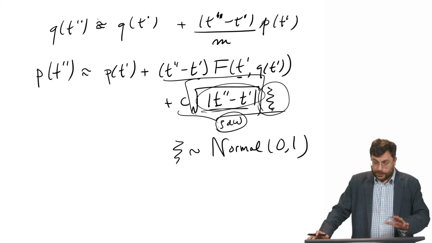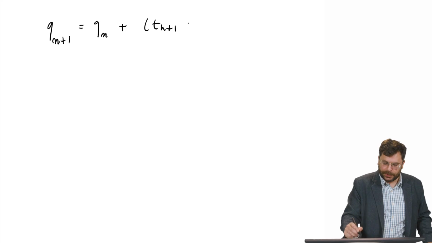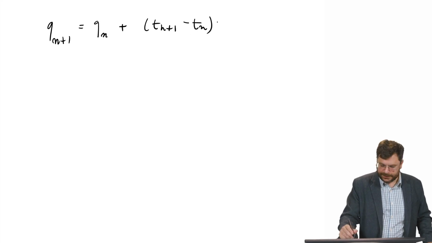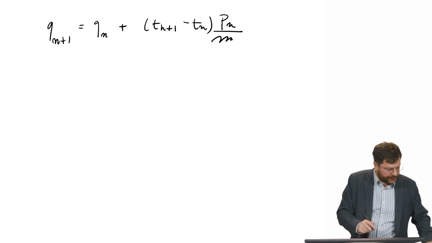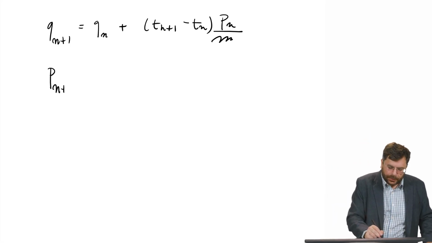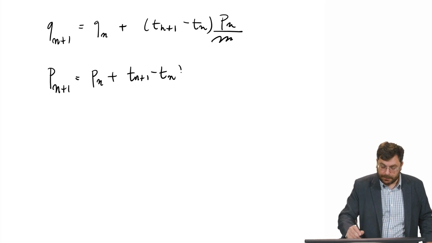If I were to write these equations in discrete time, basically exactly the same equations, I would write them out as q_{n+1} equals q_n plus (t_{n+1} minus t_n) p_n over m. This is exactly identical to what I had last time. But now I'm going to write p_{n+1} equals p_n plus (t_{n+1} minus t_n) times f of q_n.